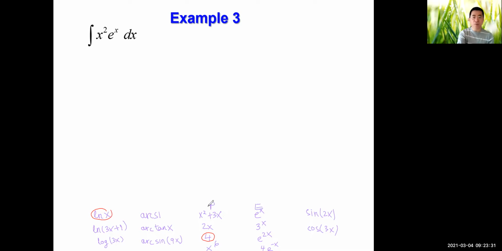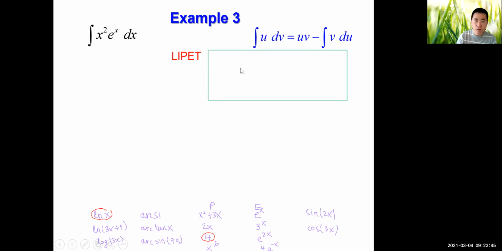So we're going to let u be x squared. Here's the formula again. We have u be x squared this time, and dv will be again e to the x dx, the rest.